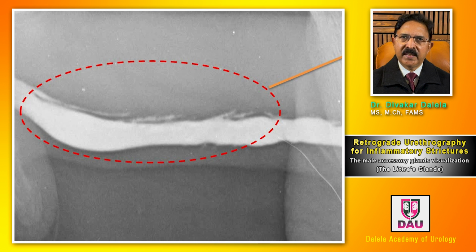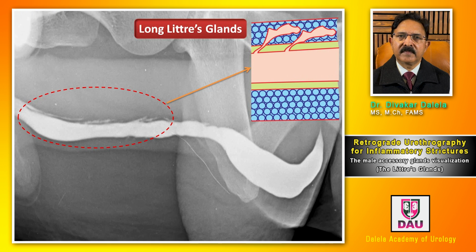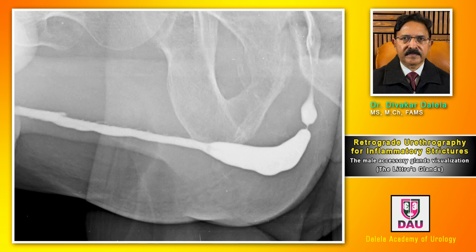I hope you can appreciate. The long Littre's glands, their duct is lying obliquely, almost parallel to the urethral wall, and then opening in the urethral lumen at one place. Now, this is a standard anatomical arrangement in the Littre's glands. They open obliquely in the urethral lumen.